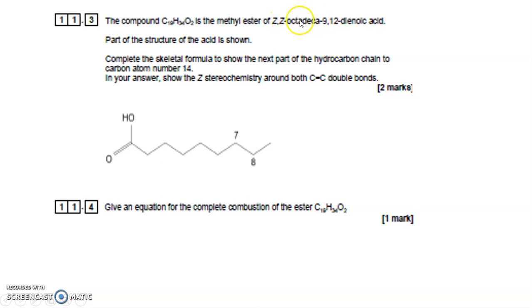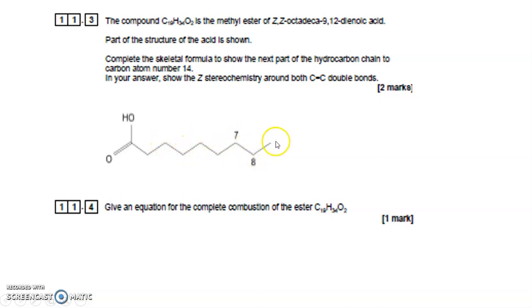Now, the dienoic acid, well, there's my oic acid, diene, the E has been dropped from there, it should be dienoic, but it's been dropped because you don't have 2 vowels together. That means diene, I've got 2 double bonds, one at carbon number 9 and one at carbon number 12. So I have 1, 2, 3, 4, 5, 6, 7, 8.